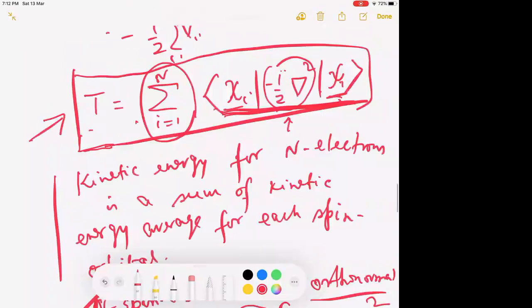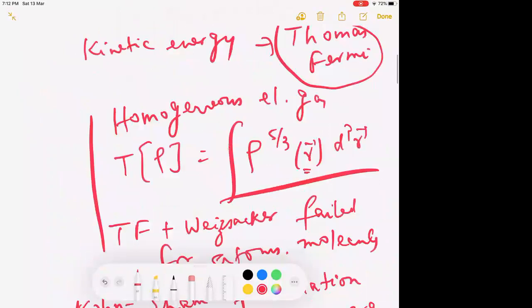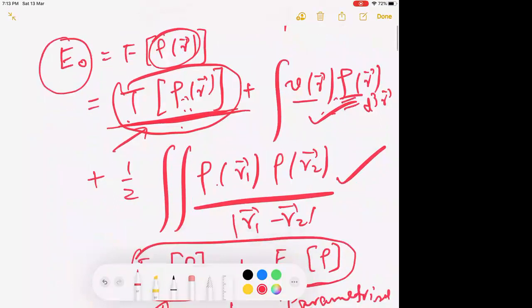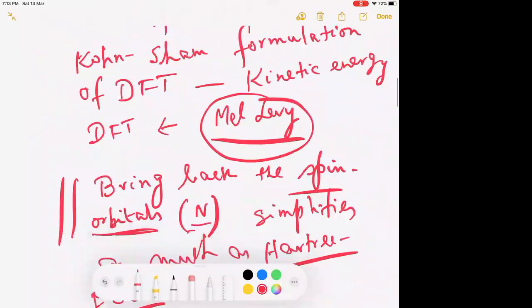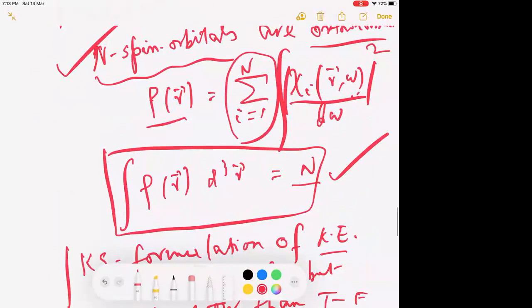So what I have to do is that this kinetic energy term, I cannot write in terms of density. So what do I now do? I go back and change my strategy. All the terms which are in density, I will write in terms of spin orbitals. So this term, this term, these terms, and these terms, I'm going to rewrite because now I know how to write density in terms of orbitals. That is easy.